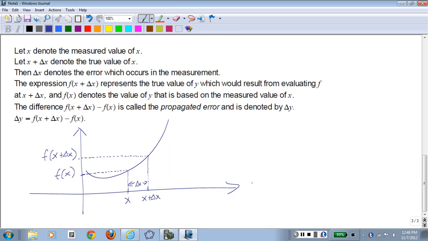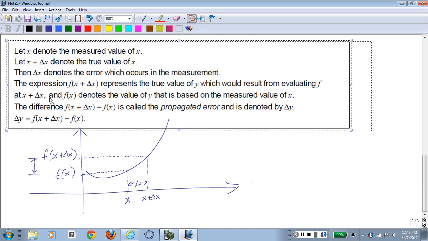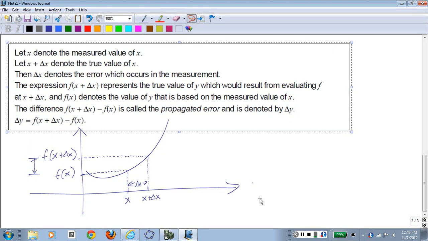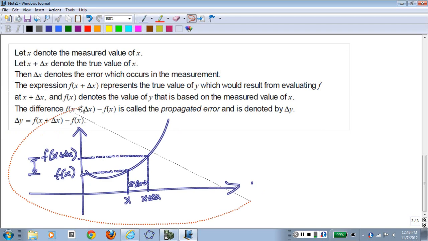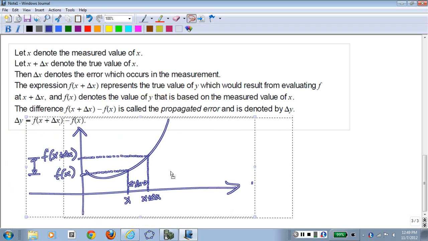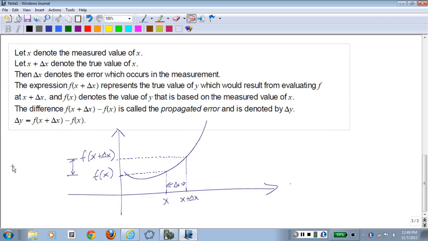Now, if we consider this difference here, from there to there, that's going to be f of x plus delta x minus f of x.